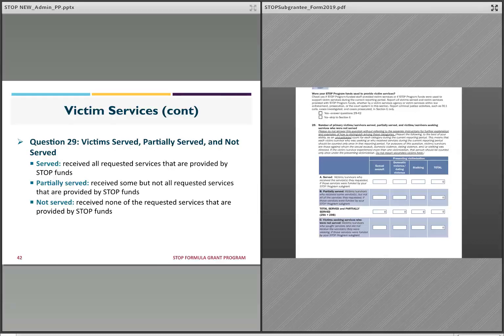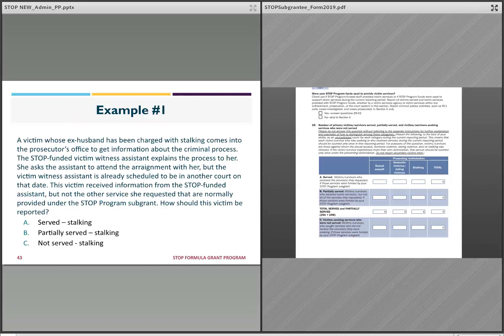Finally, a person is counted as not served if they did not receive any of the requested services that are provided by STOP funds. So, any services that are provided with a different funding source should not be considered for the purposes of deciding whether a person counts as served, partially served, or not served.